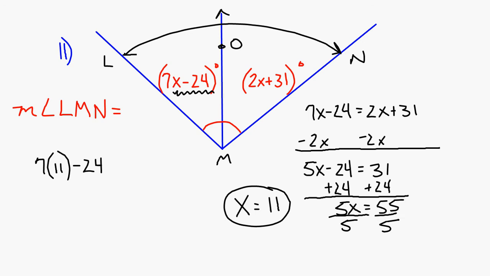What's 7 times 11? 77 minus 24? 53. All right, so this side is 53. This side is 53. So what's the measure of LMN? 106. Very good.